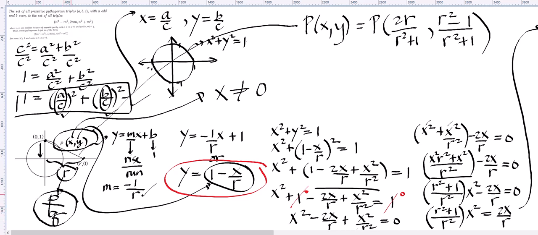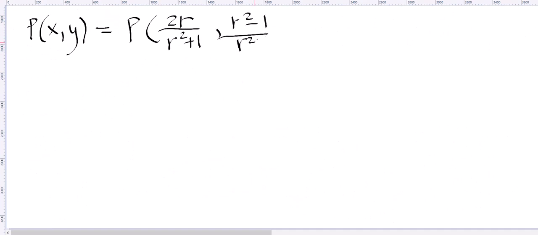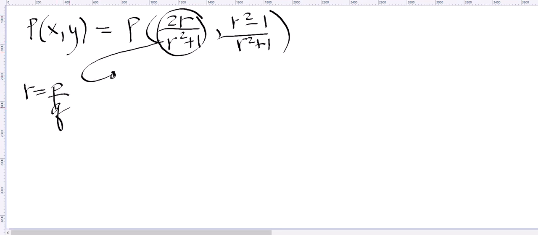Let that be P over Q. Let us copy the same derived coordinate point corresponding to x, y, noting that r this time is a rational number represented by P over Q. In some other literatures, they use m over n. Anyway, these are just variables.